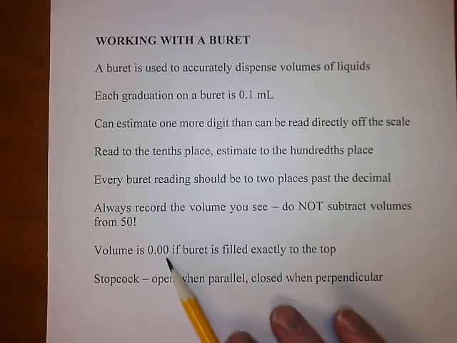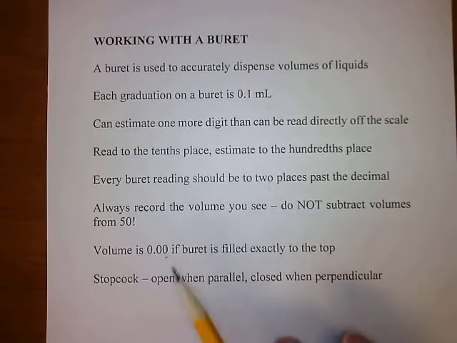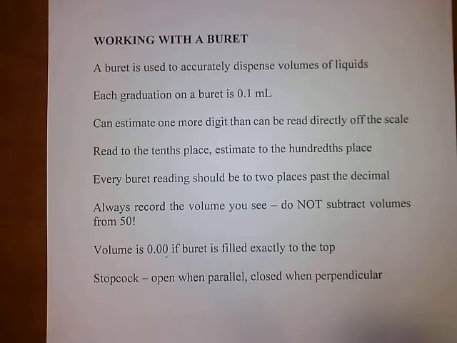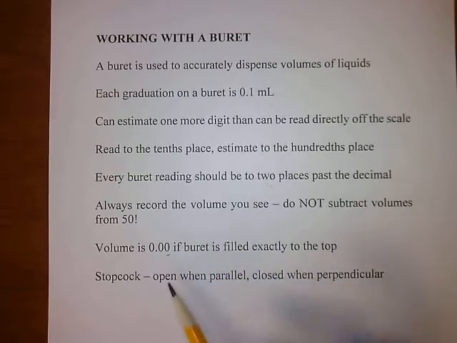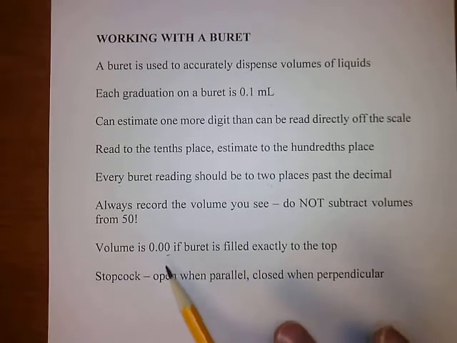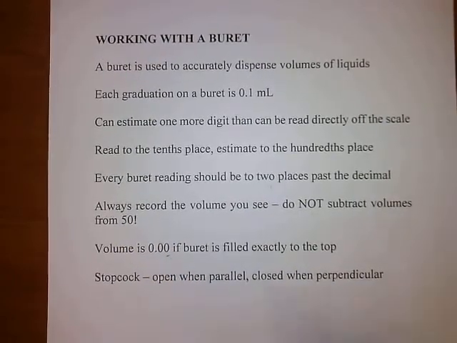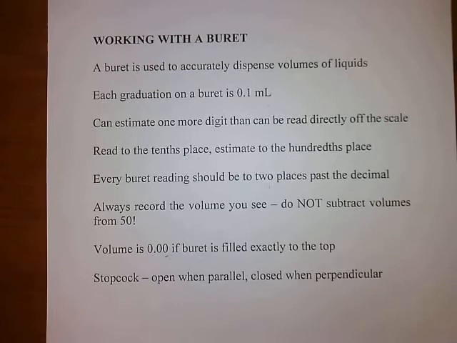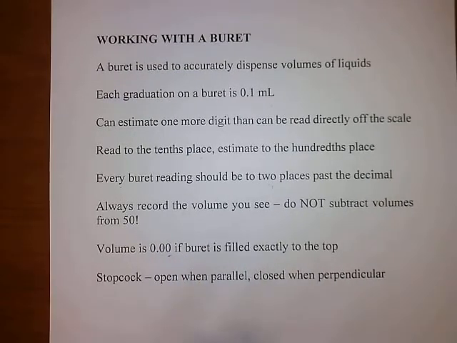So if it's filled right up to the top and it's exactly on the 0, then it's 0.00. It's not 0, it's not 0.0, it's 0.00 if it's right on the 0. And you do not subtract your volumes from 50. You record the numbers that you see.